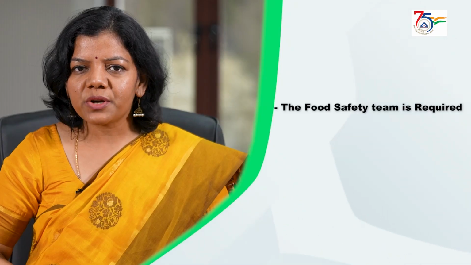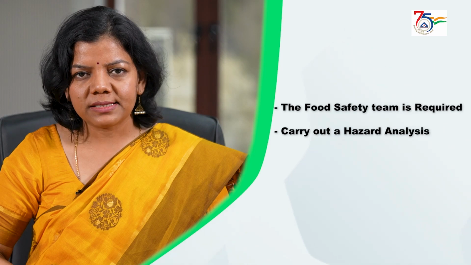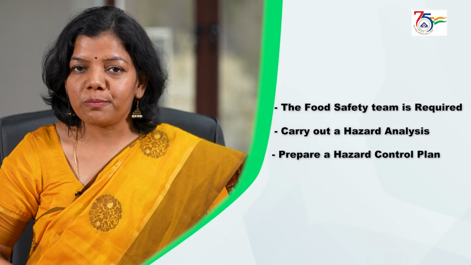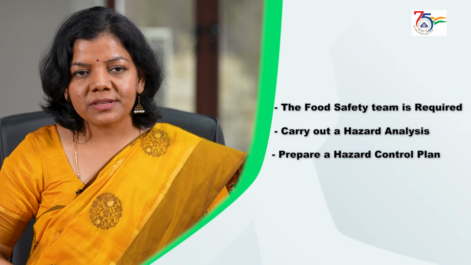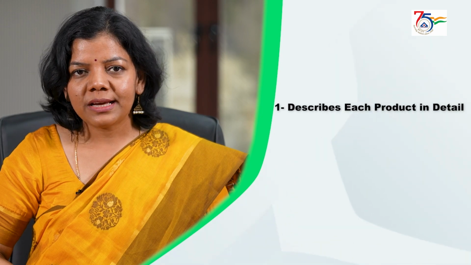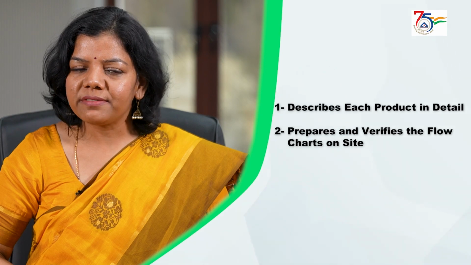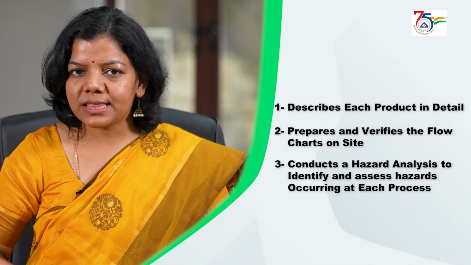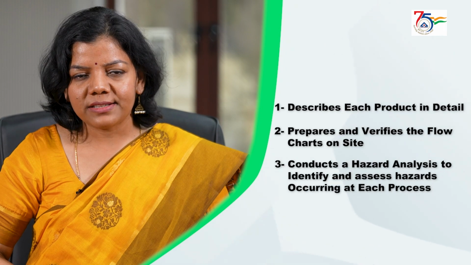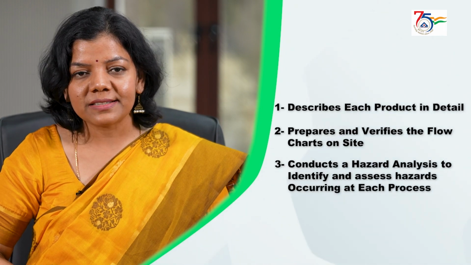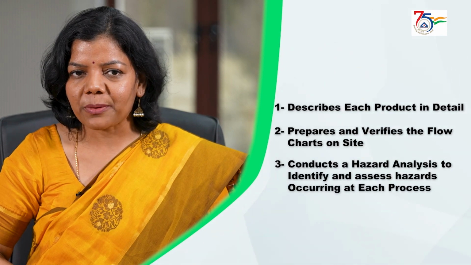Now let us discuss hazard control. The food safety team is required to carry out a hazard analysis and prepare a hazard control plan. This includes the following steps. First, describe each product in detail. Second, prepare and verify the flow charts on site. Third, conduct a hazard analysis to identify and assess hazards occurring at each process step.